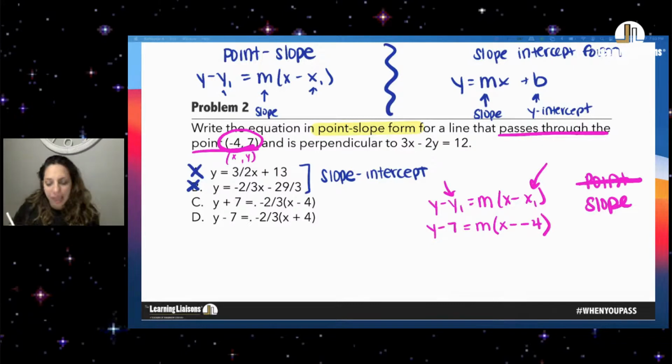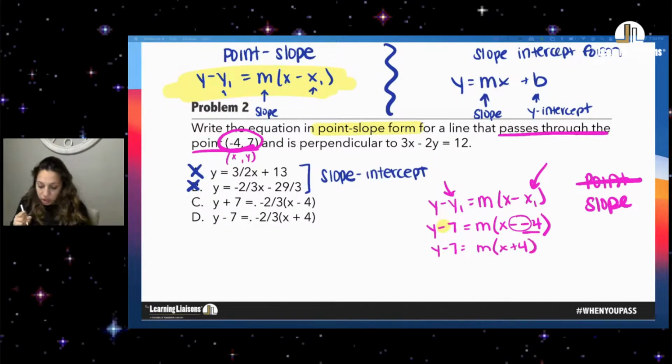You notice that I kept this negative even though the 7 is positive, because the original equation is y minus y1. It's not y plus y1. So I'm literally going to write my x and my y. I wrote my x the way I know it, and it's -4. But a negative times a negative makes a positive.